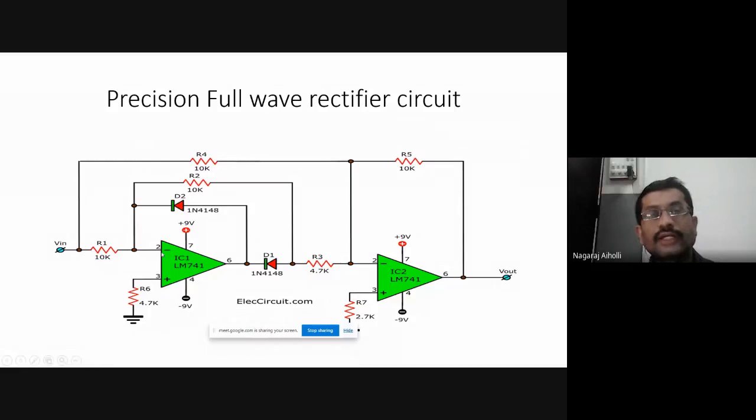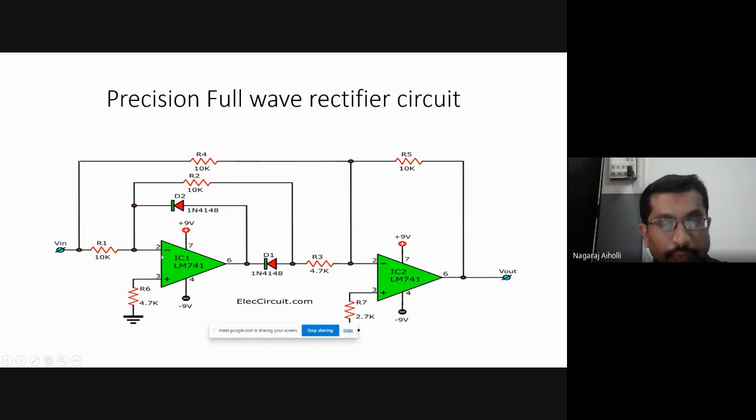What is the meaning of inverting amplifier? Inverting amplifier means the output is inverted with respect to the input. If you apply the positive portion of the input, the output will be the negative portion. If you apply the negative portion at the input, the output will be the positive portion. So this is called an inverting amplifier with negative gain.